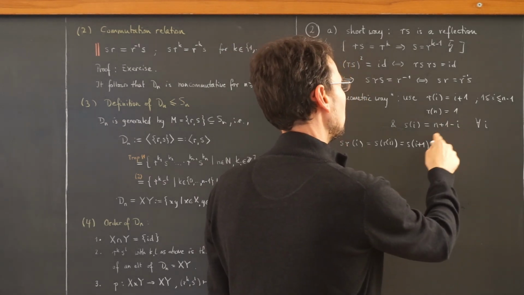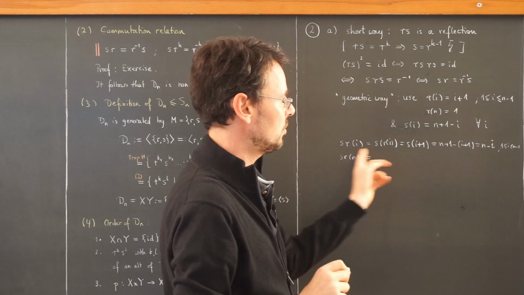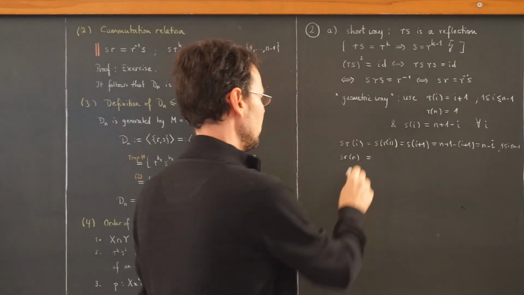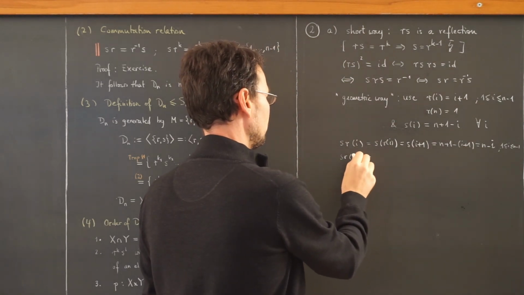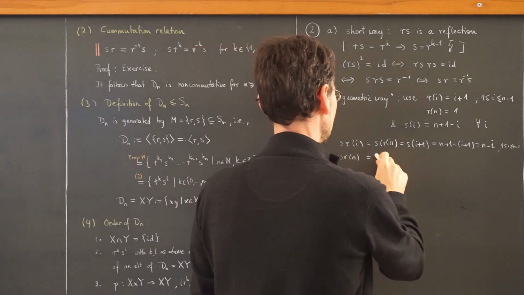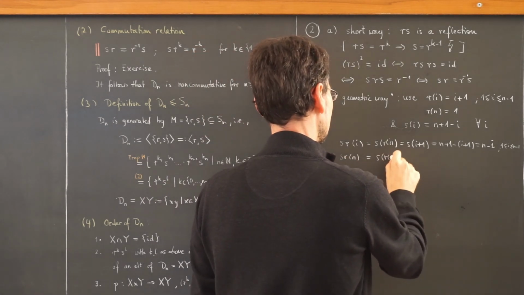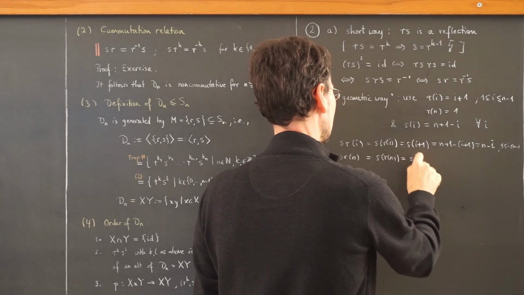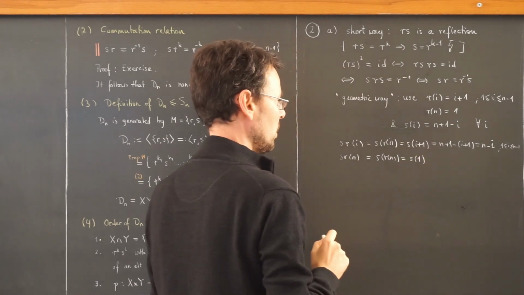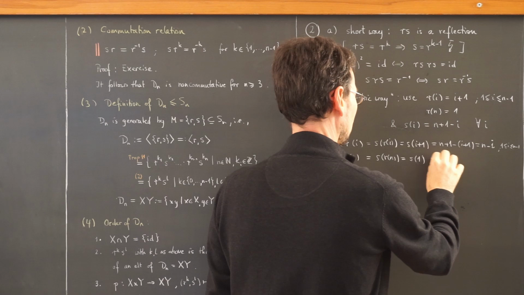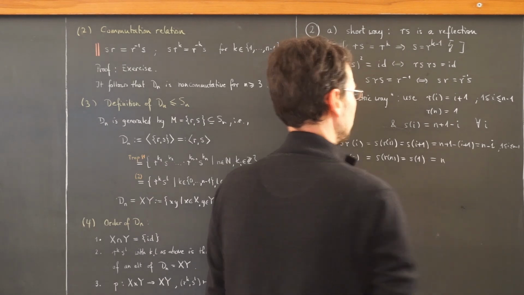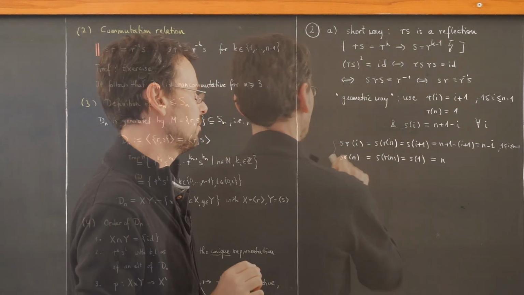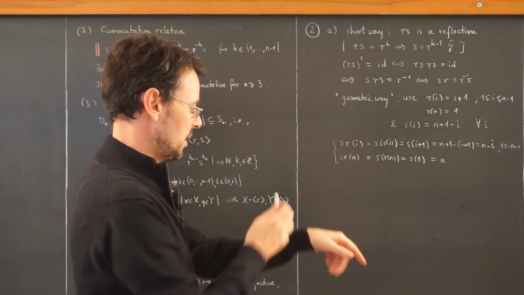So this is true for all I between 1 and n minus 1. And SR applied to n is S of R of n is S of 1, which simply gives me n. So this here is what SR does.